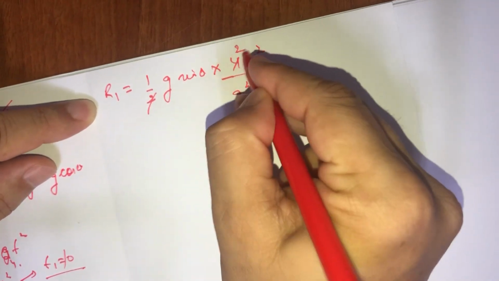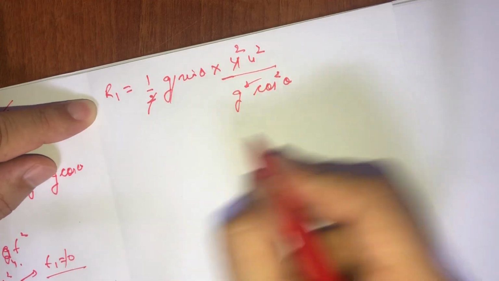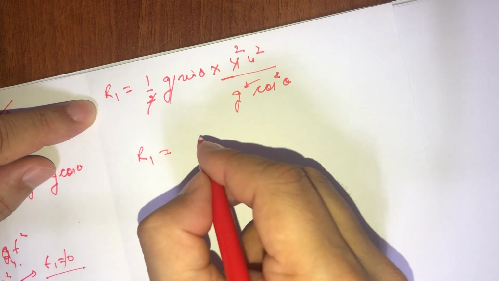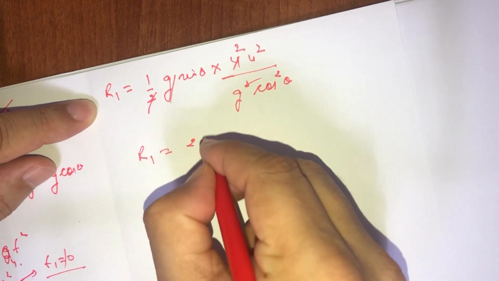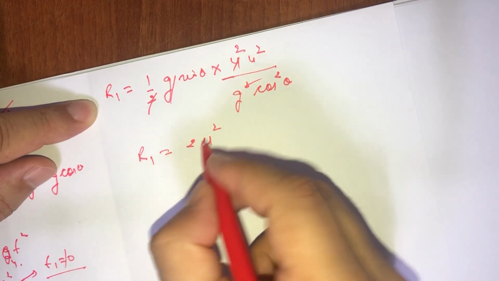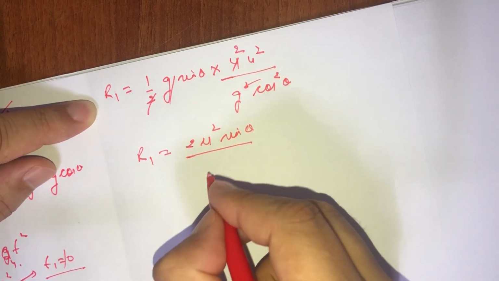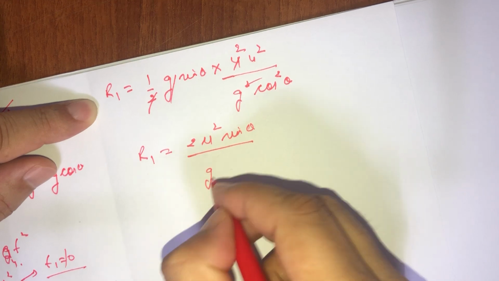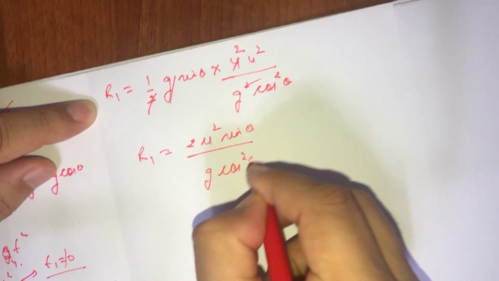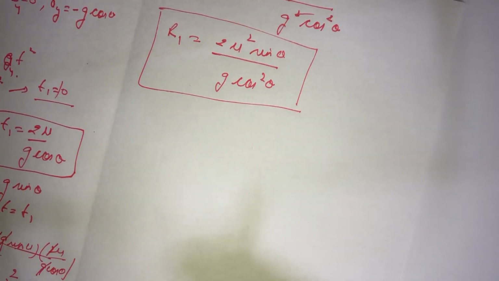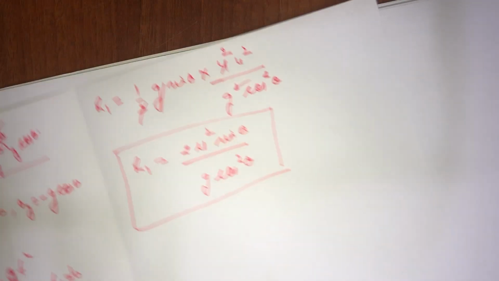The 2 goes with the 4, one g cancels out, so we get r1 is equal to 2u square sin theta divided by g cos square theta. So this is the range from A to B.